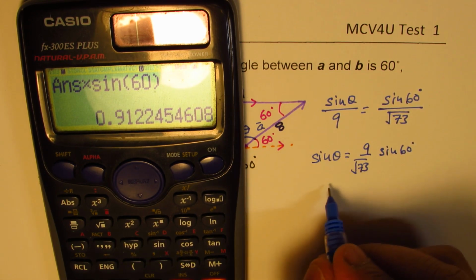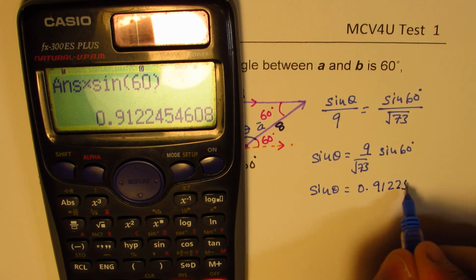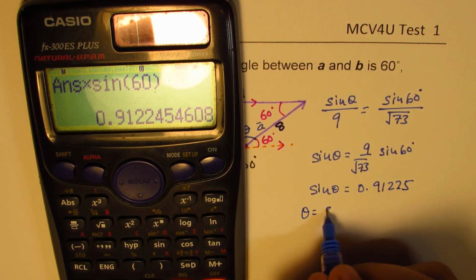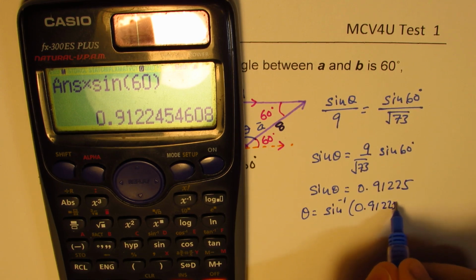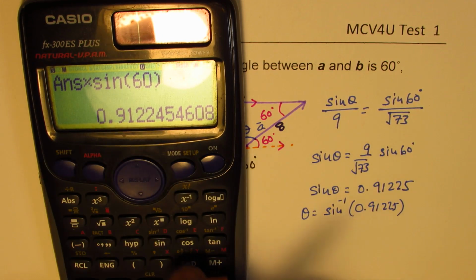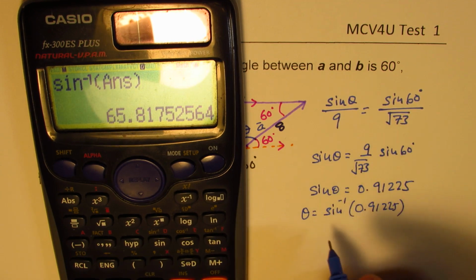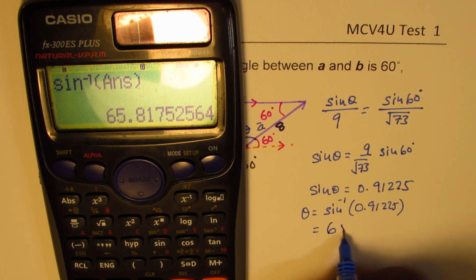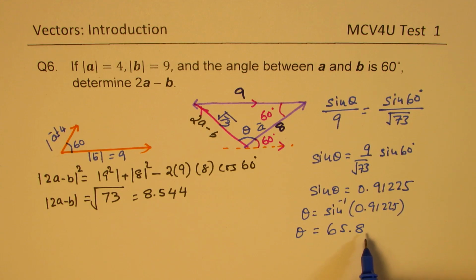We get sine theta equals to 0.91225. So theta equals to sine inverse of this value. So we'll shift sine inverse of our answer, and that gives us a value of 65.8. Okay? So to three significant places, theta angle is this.